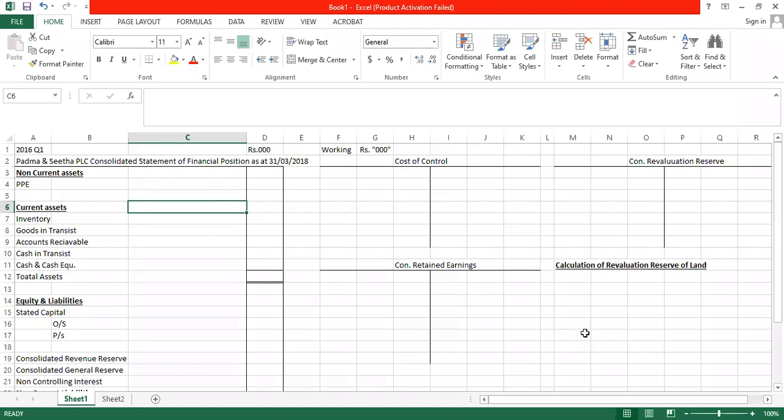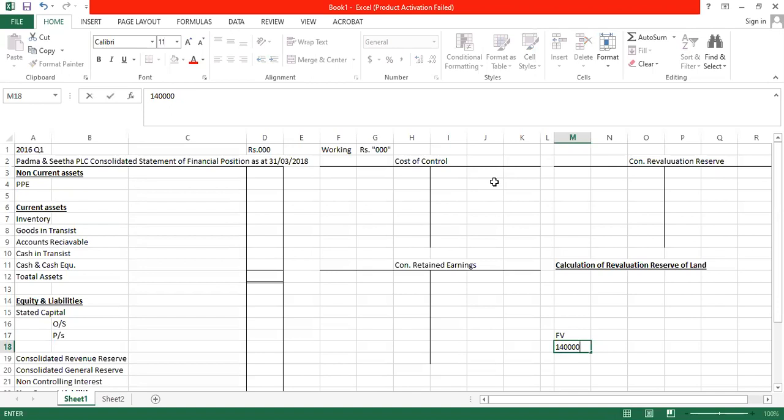So now the fair value is given, right? If you remove the 3 zeros, because we are preparing in rupees 1,000, so we will remove the 3 zeros only.